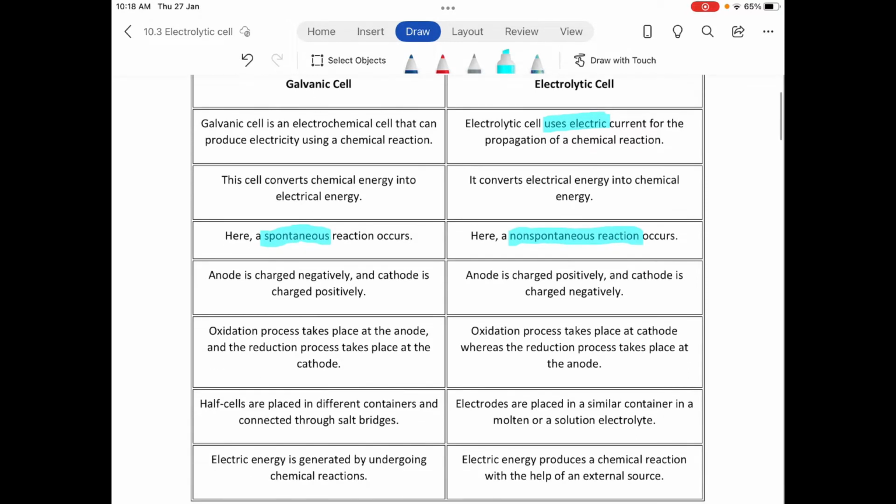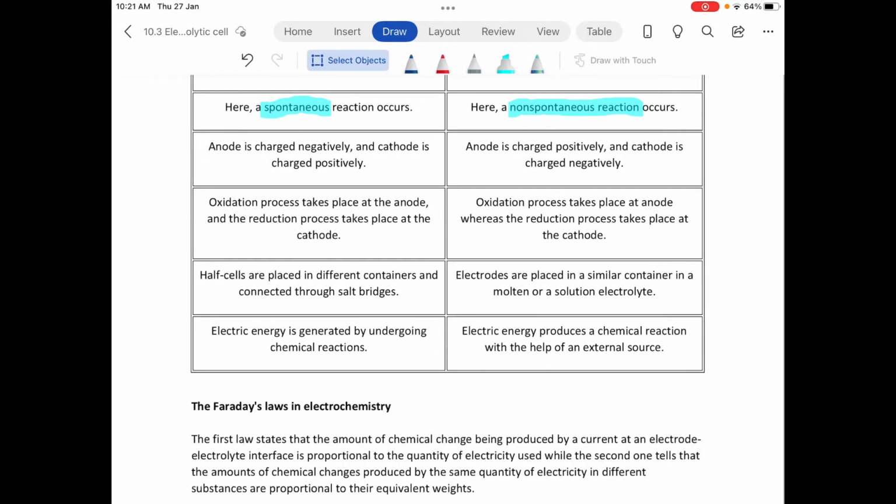And then for galvanic cell, the anode and cathode are differently charged. Anode is negatively charged, while cathode is positively charged. For electrolytic cell, it is the opposite. Anode is positive, while cathode is negative. However, the oxidation and reduction processes still take place at the same anode and cathode.